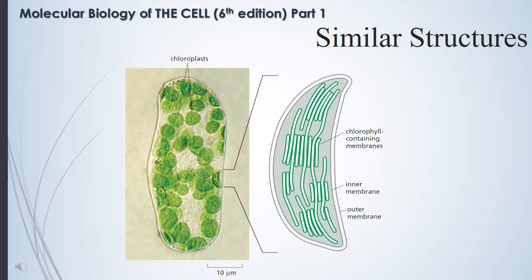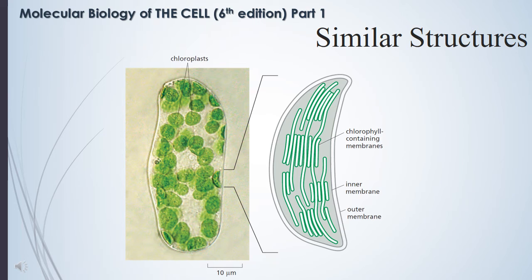Now, another interesting structure that is similar to mitochondria is chloroplast in plant cells. Chloroplast has basically chlorophyll-containing membranes which can absorb solar radiation and make sugars for the plant to basically metabolize.